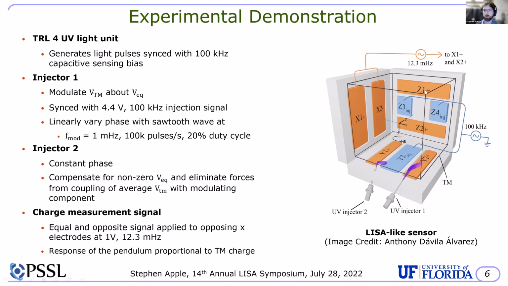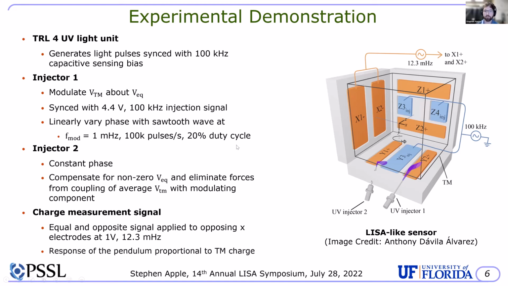This image on the right shows the setup for the experiment. This is our sensor. In this experiment, we have one UV light injector, UV light injector 1 here, which is used to modulate the charge of the test mass.